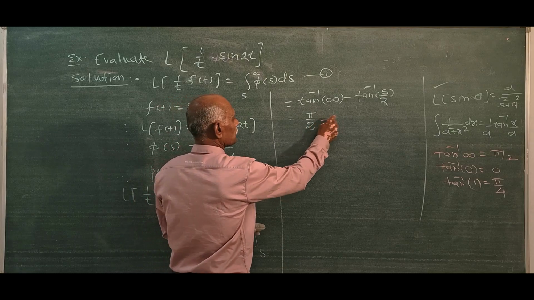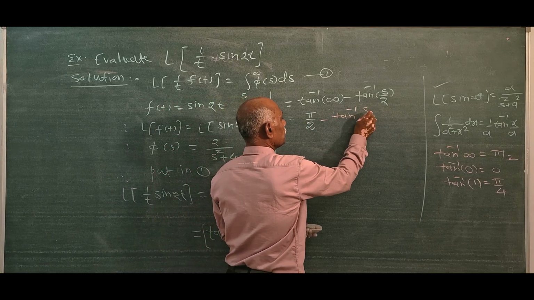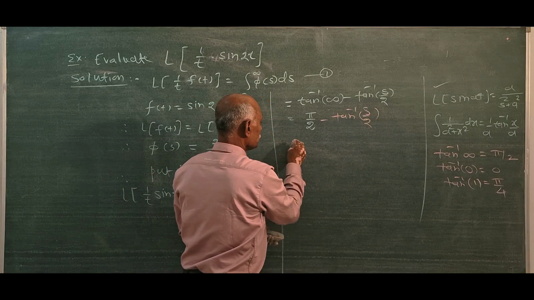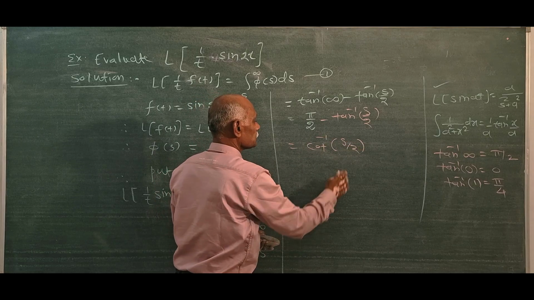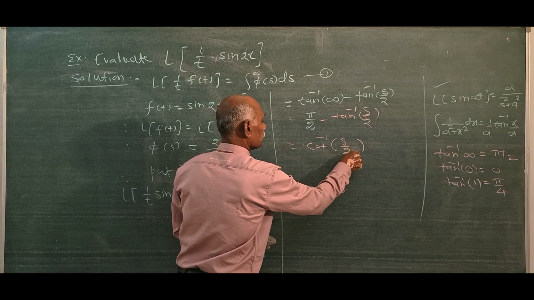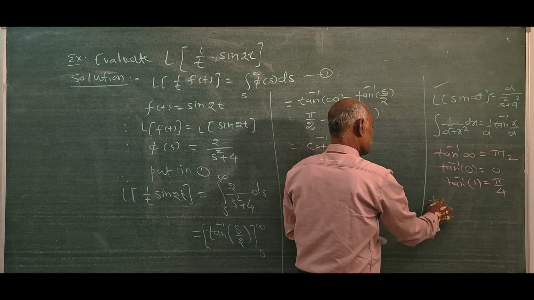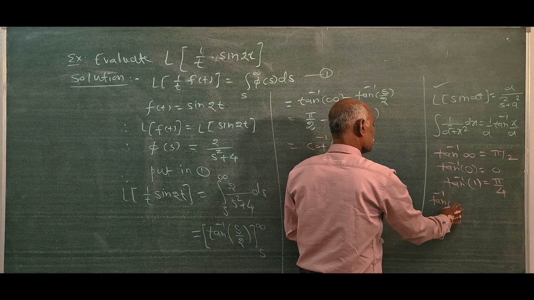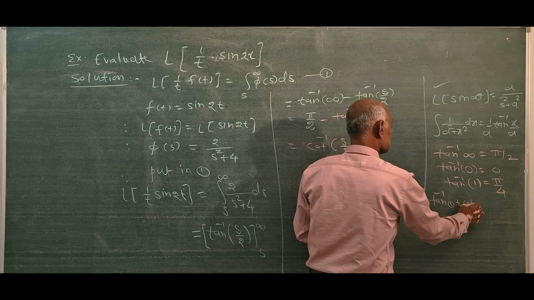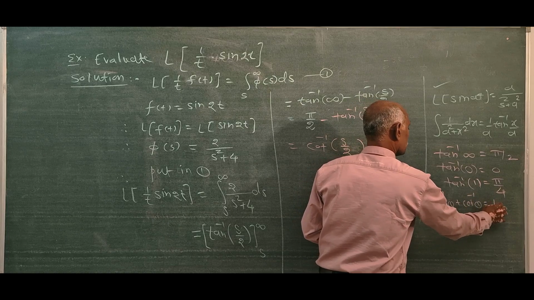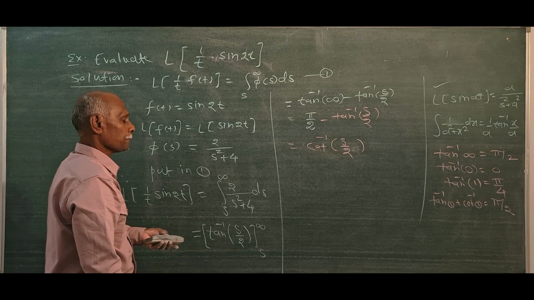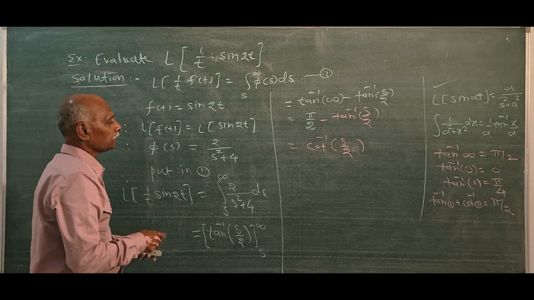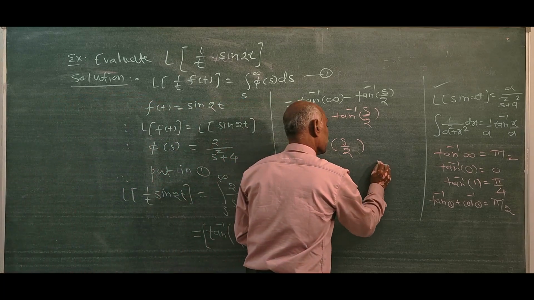So pi by 2 remains, minus tan inverse s upon 2. But this can be directly written as cot inverse s by 2, because there is one more standard formula from 11th science: tan inverse theta plus cot inverse theta is pi by 2. So there are some standard formulae from trigonometry, and therefore this answer is completed.